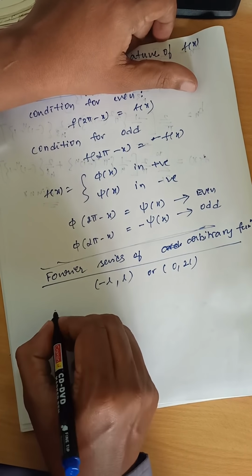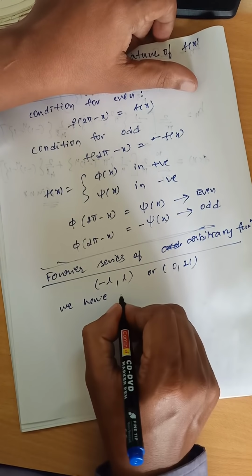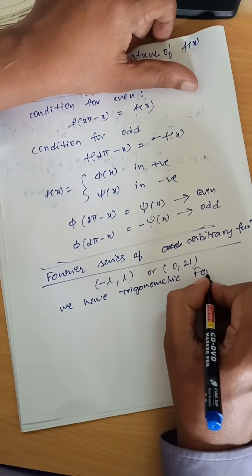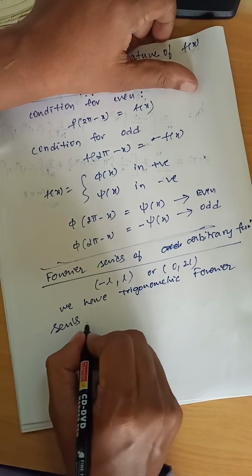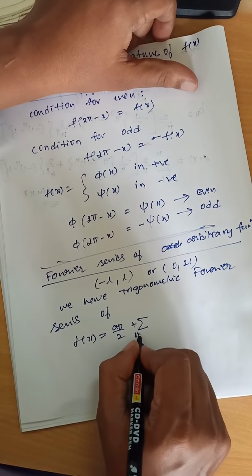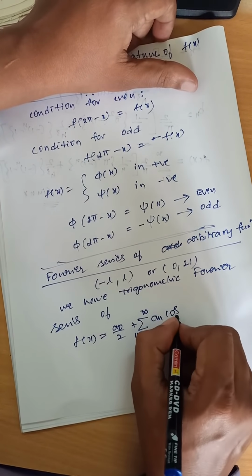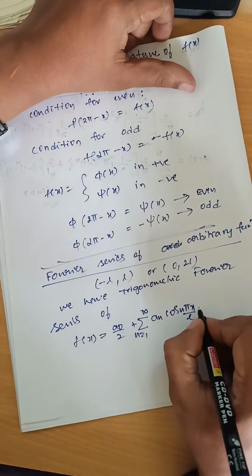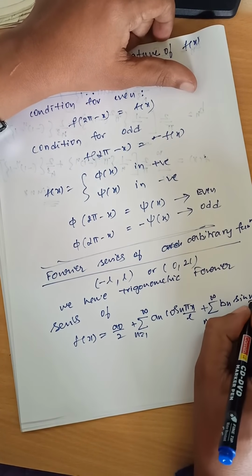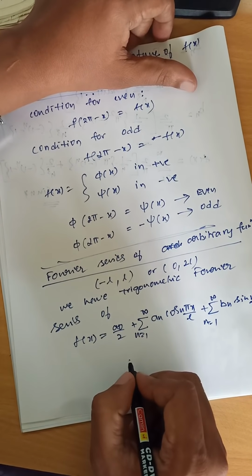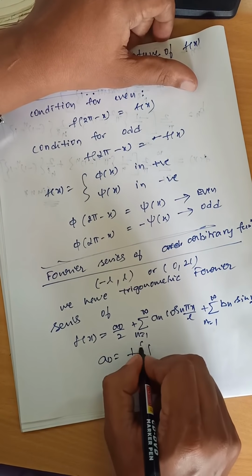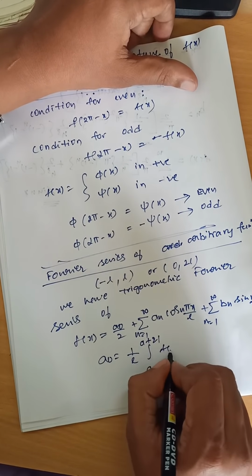Next, we have the trigonometric Fourier series of f of x is equal to a naught by 2 plus summation n from 1 to infinity an cos n pi x by L plus summation n from 1 to infinity bn sin n pi x by L, where a naught is 1 by L integral a to a plus 2L f of x dx.